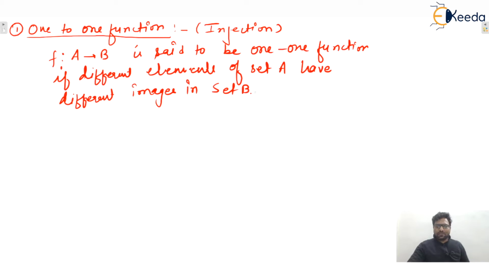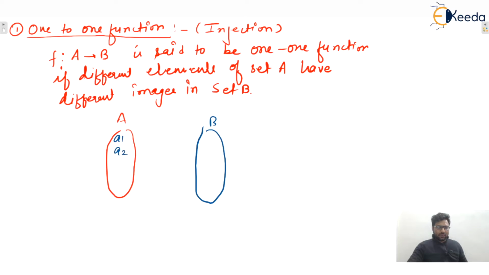Meaning is that ultimately the correspondence or the mapping is one-to-one. So let us consider two sets. Let's say this is set A and this is set B, and A contains the elements A1, A2, A3, A4, and B contains B1, B2, B3, B4, B5.